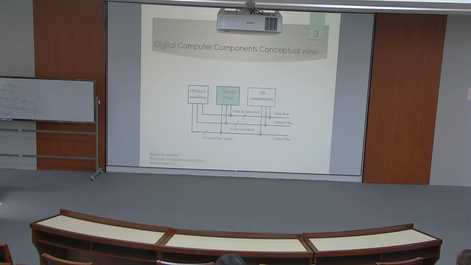Use your calculator and tell me if it's correct or not. Correct? Yes or no? 2 to the power of 9 is 512, correct? Okay, now let's say we have the whole memory.